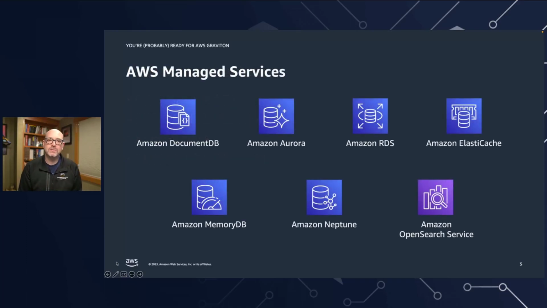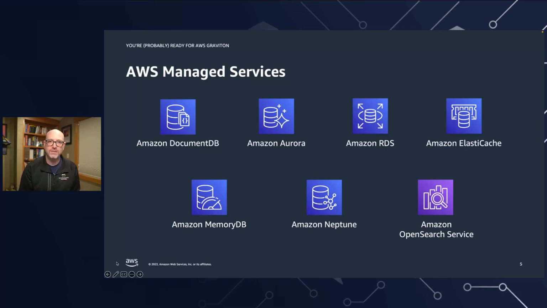AWS managed services are already available for Graviton today. So whether you're using Amazon DocumentDB, Amazon Aurora, Amazon RDS, Amazon ElastiCache, Amazon MemoryDB, Amazon Neptune, or Amazon OpenSearch, you can actually begin using Graviton with those today.